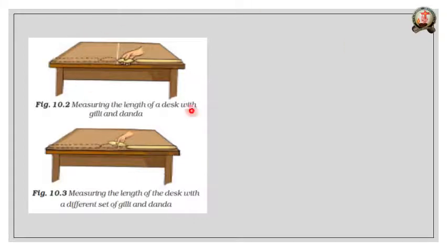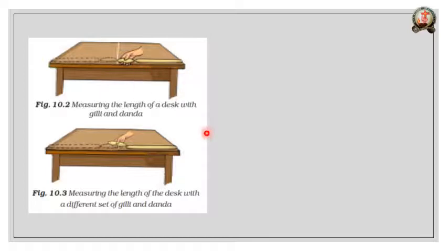Similarly, if you don't have an inch tape with you, what can be done? In those days, people used to play gilli danda. You know what is gilli danda? It is similar to cricket. There will be a long stick and a small ball. If you have that gilli danda, you can also use it to measure the distance.